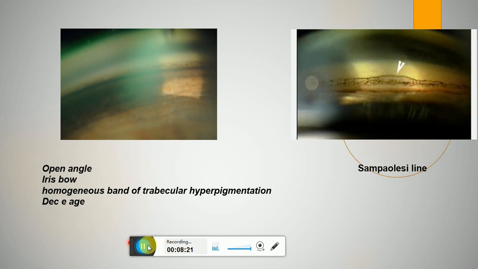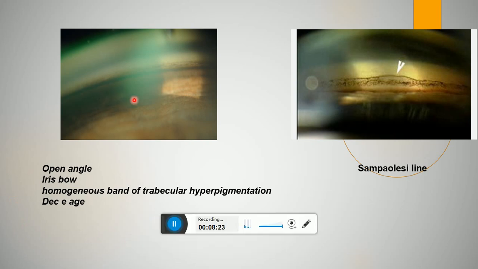Here you can see in this picture, pigment may also be seen on or anterior to the Schwalbe line. Pigmentation of the angle typically reduces with increasing age. This is known as the Sampaolesi line.